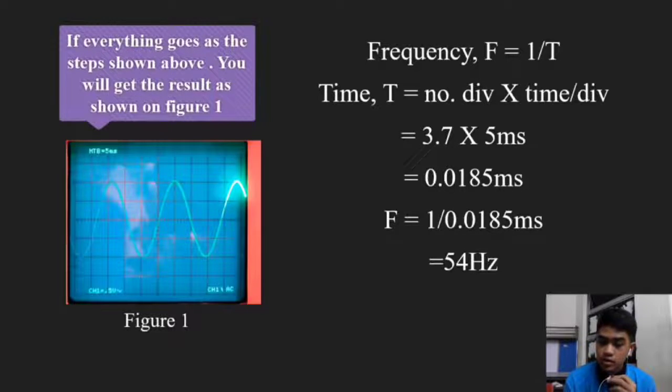We got our answer, 0.0185 milliseconds. Now that we know T, we can find our frequency. 1 divided by 0.0185 milliseconds, we got 54 Hertz.